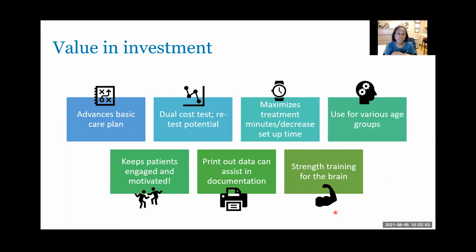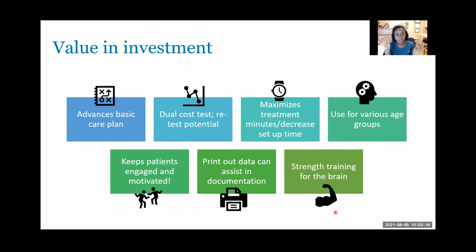One of the newer things that I find really helpful are the dual cognitive tests, and the retest potential that exists with that. On the bottom of the advertisement for this seminar, there was a link to one of the videos that TJ and his team did that I thought was just excellent.